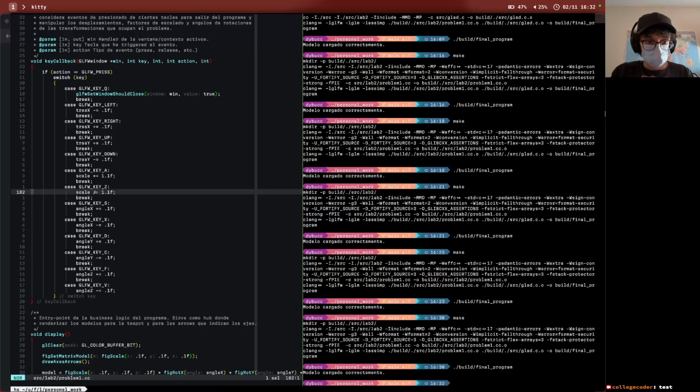So I go key right, key left. Scaling is what makes it more. Yeah, I don't know.